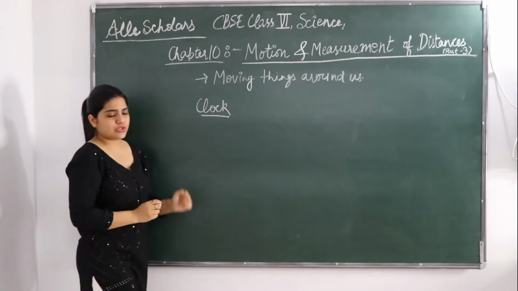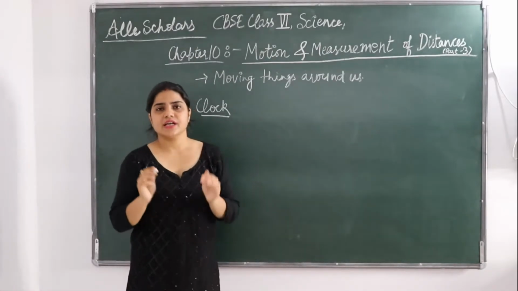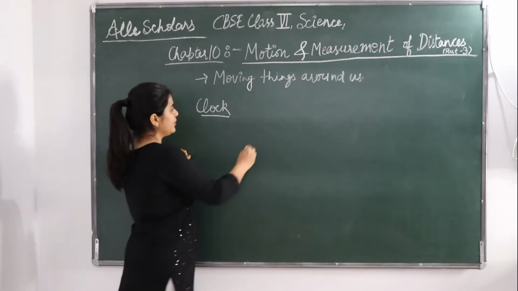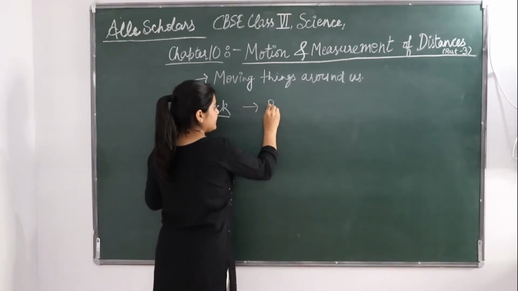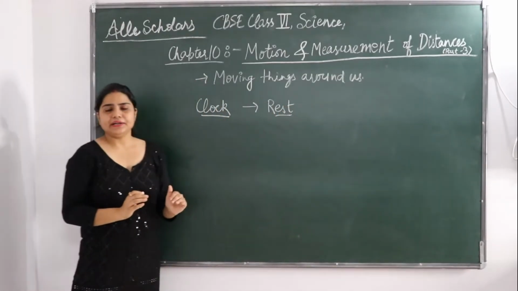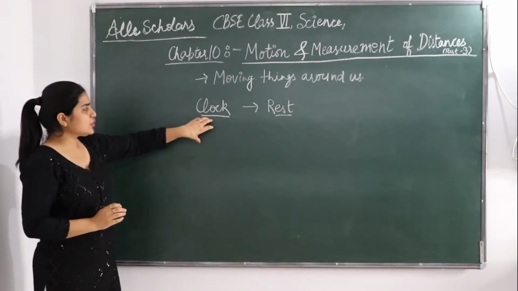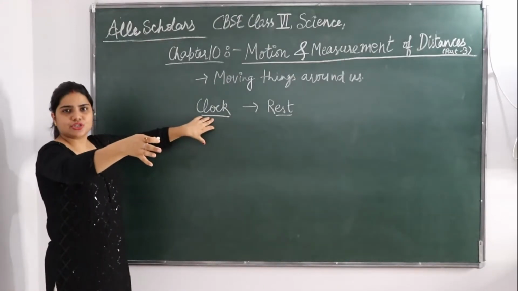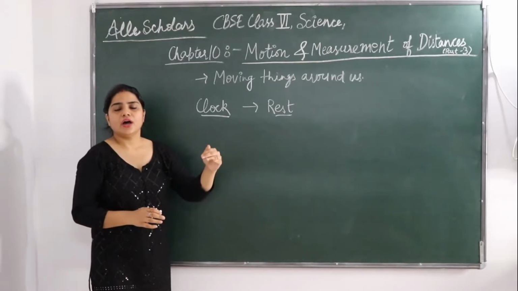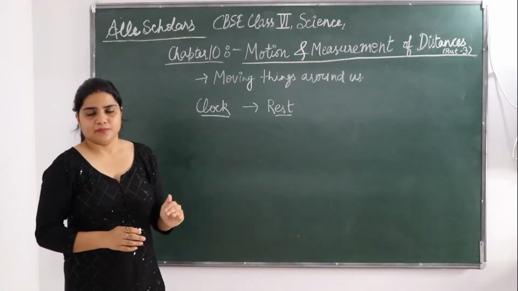Is the clock in motion or at rest? The clock is at rest. Why is it at rest? Because this clock is not changing its position from one place to another with time.